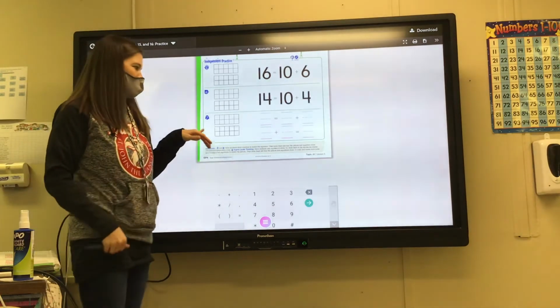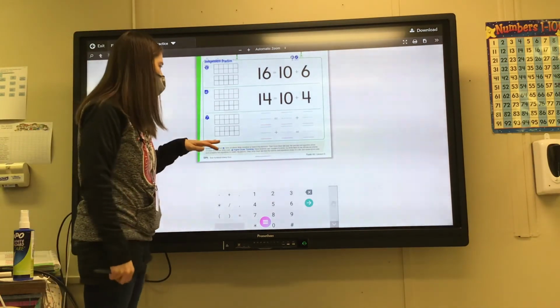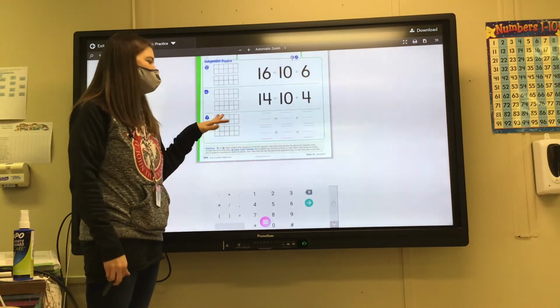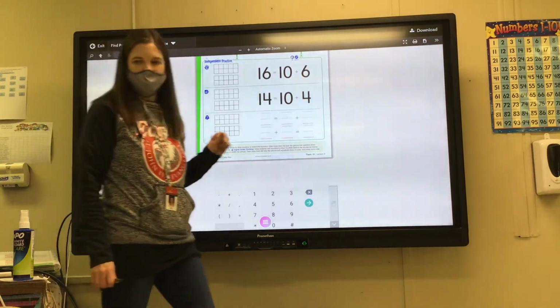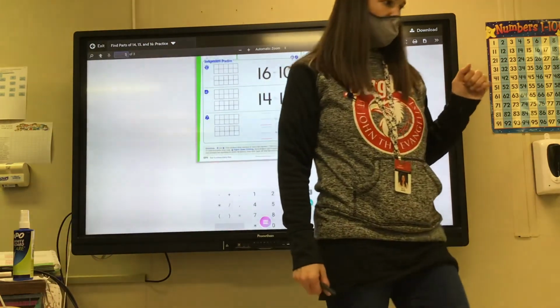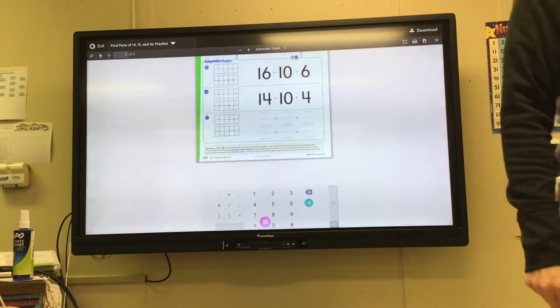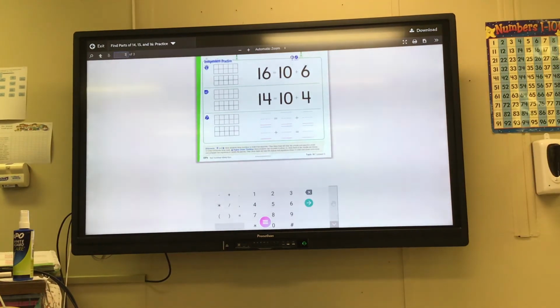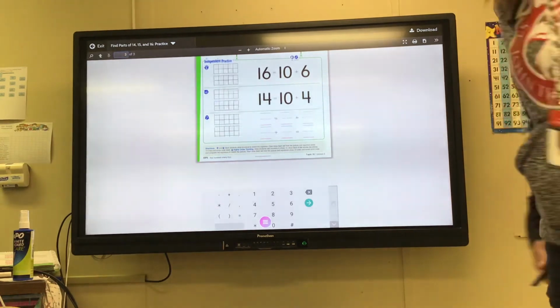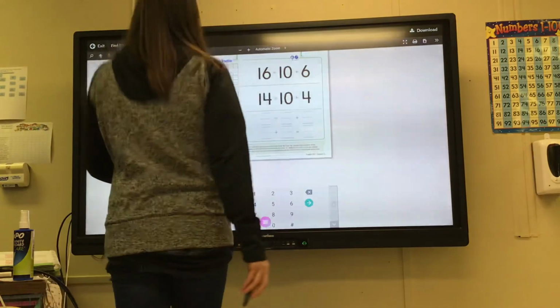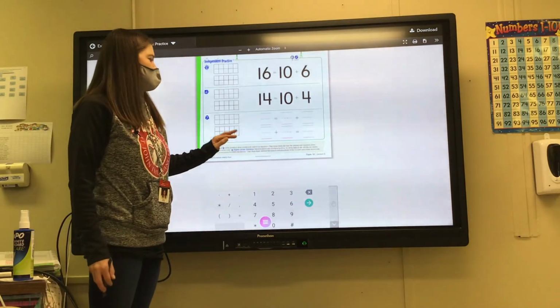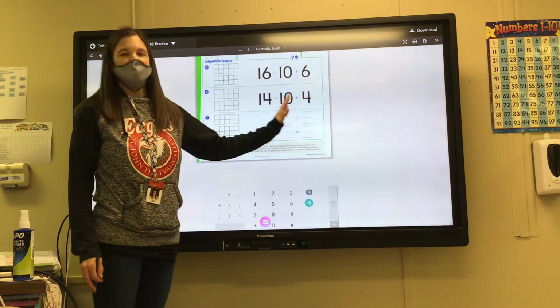All right, looks like we're ready for number 7. You're going to use counters to show 16. So go ahead and draw in 16 counters. Then you're going to write the equations to match.